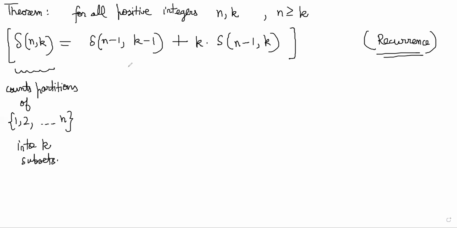What about the right-hand side? We will split that into two cases. Case one is when the element n forms a block, or a subset, by itself.